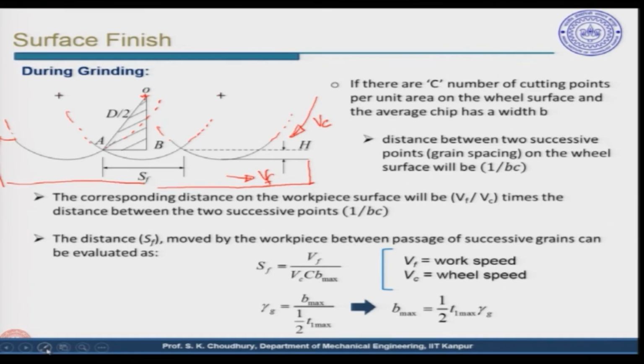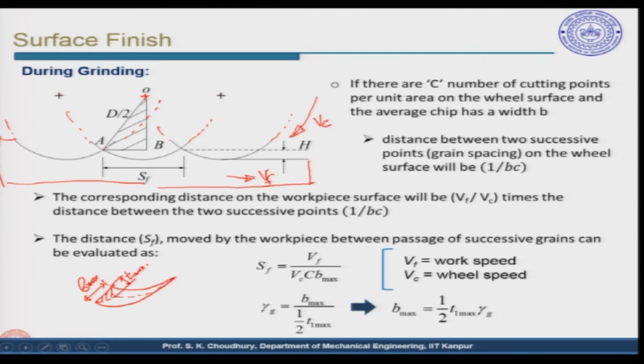Okay. So, I would like to remind you that we have earlier seen a chip in grinding, and it was represented in this way. In this we have B max, the maximum width, and this value was the T1 max.